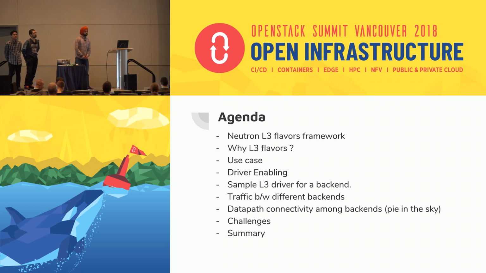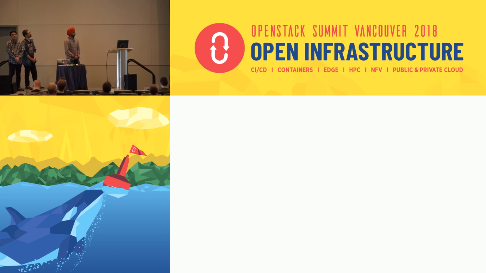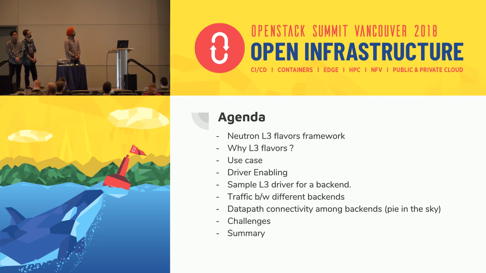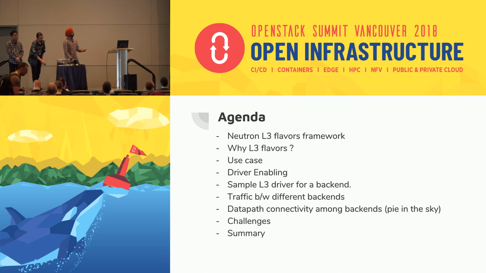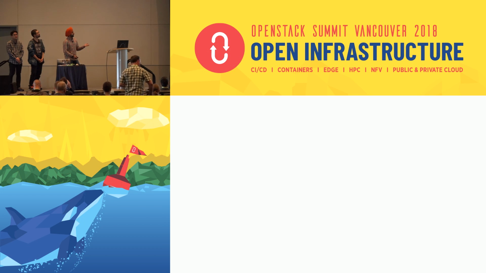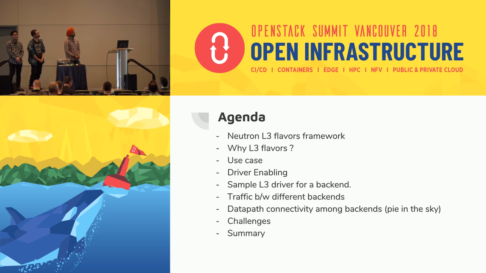So we will discuss how to enable multiple layer 3 backends in the same cloud. What we have on the agenda is we will start with the Neutron L3 framework, and we'll also discuss why to use that flavor framework, and we'll talk about use cases. Then we will showcase the sample driver, and talk about how to enable that driver backend.